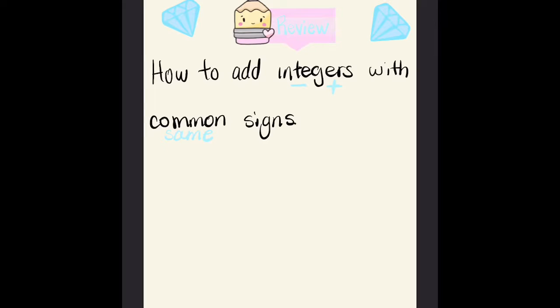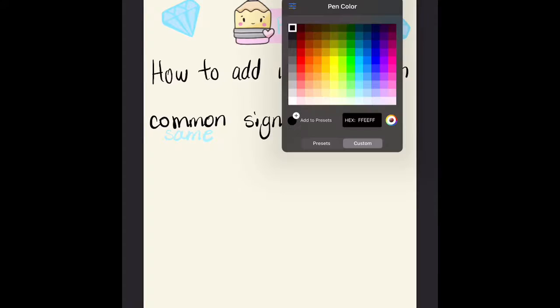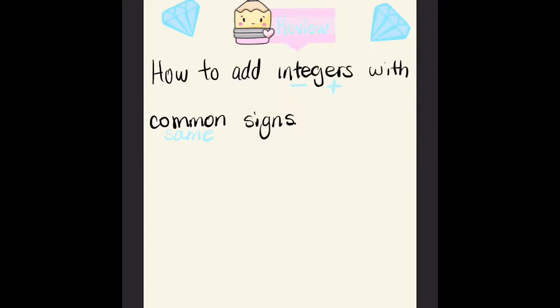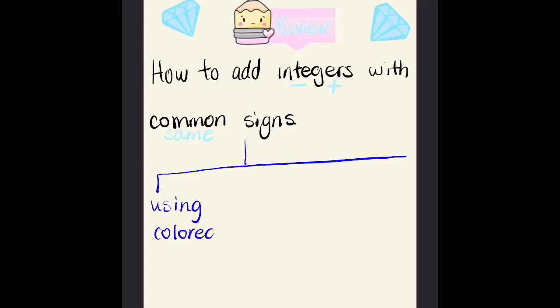Okay, and then we talked about the 3 different strategies that would help us add integers with common signs. So we learned 3 different strategies. The first one is by using colored counters.